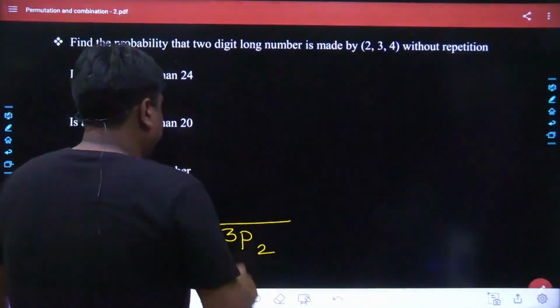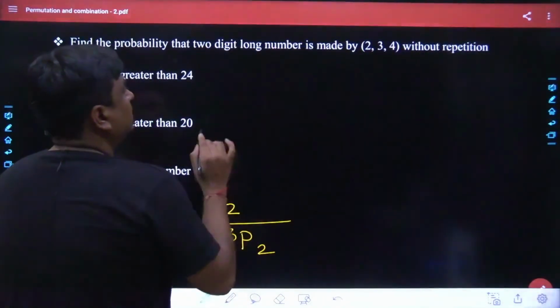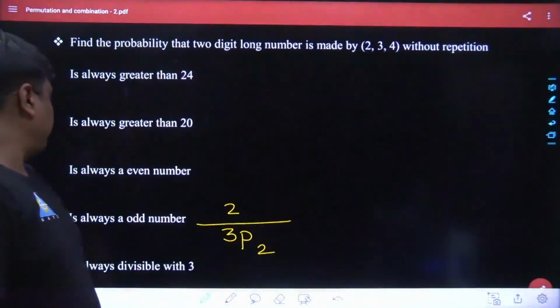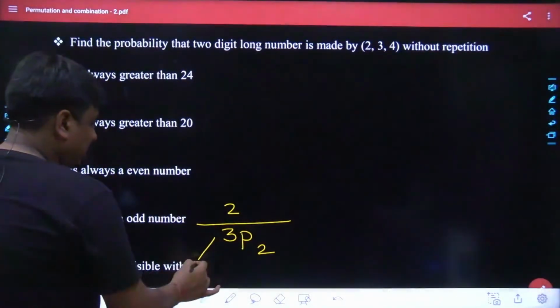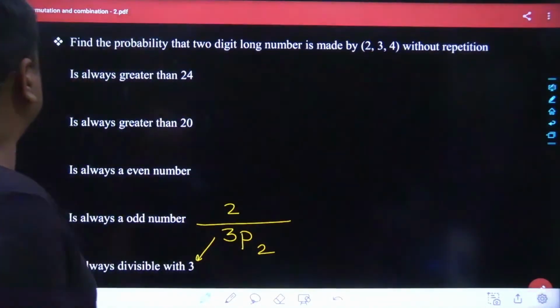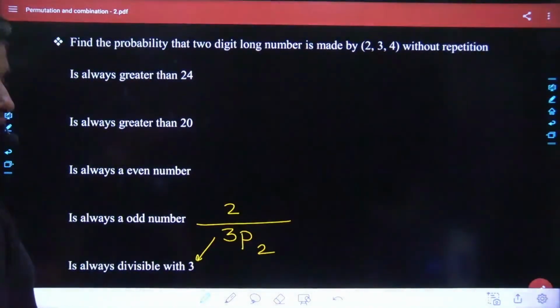How many different ways? Obviously, sir, 2. Either this could have been 24, or it could have been 42. This has been the answer. Yes, 2 by 6. Yes, Mithun, that has been perfect. The answer for question 4 has been 2 by 6.